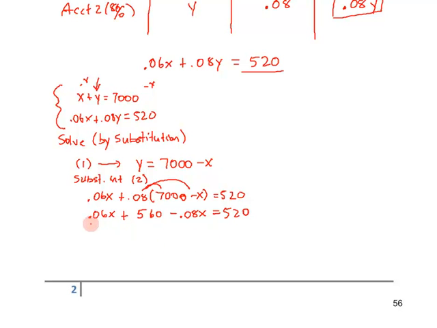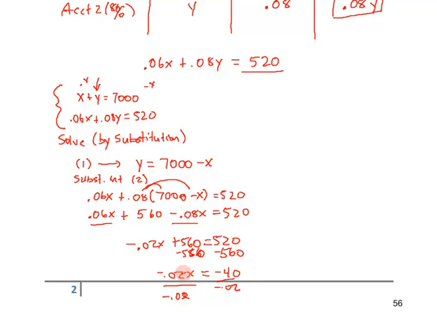All right, combining like terms, I end up with a negative 0.02x plus 560 equals 520. Subtract the 560 from both sides. Gives me negative 0.02x is equal to negative 40. Now if I divide both sides by negative 0.02, okay, we divide this off.